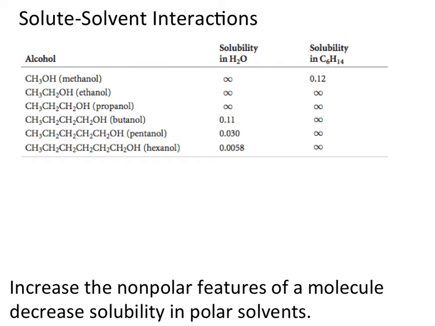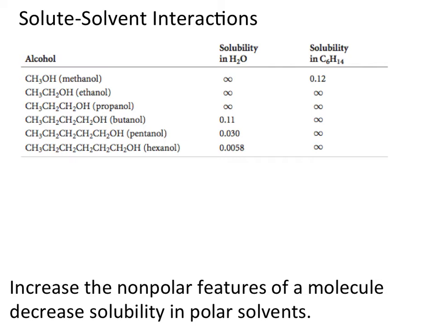If we look at the solubility of the alcohols in H2O, notice that the first several are very soluble, but as we get into longer and longer chains attached to the OH alcohol group, solubility decreases. On the flip side, in a nonpolar solvent, as we increase the chains attached to the OH group, our solubility increases.